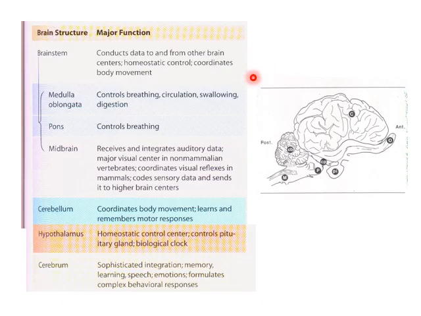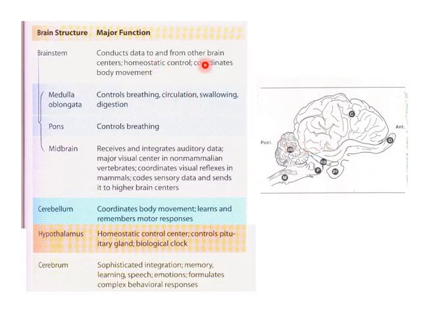You're focusing on the lower base of the brain, the parts that control the things that we don't think much about. Brainstem information comes in and out of the brain.